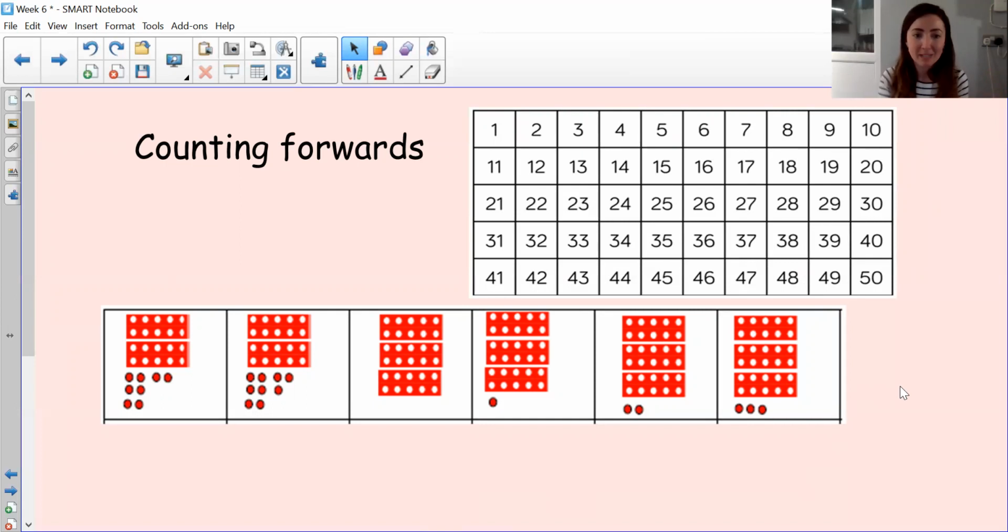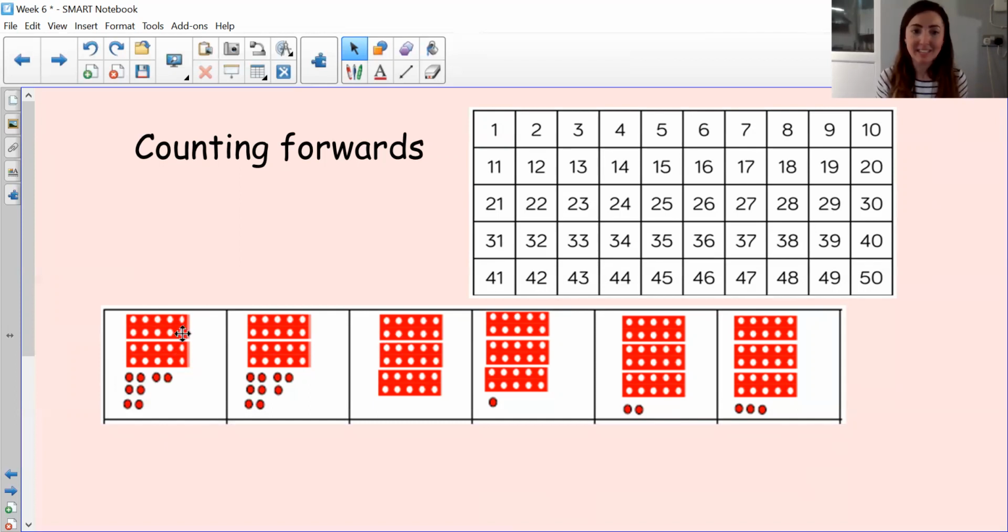So we've got some representations here of some numbers, and we're going to be counting forwards. These pictures represent numbers counting forwards. So our first step is going to be to work out what this first picture represents. I can see that each of these shapes is 10.